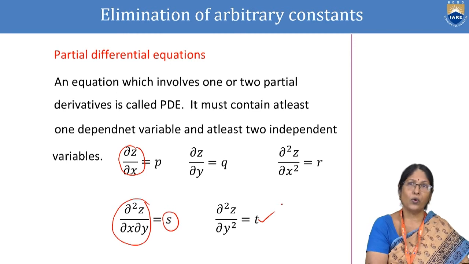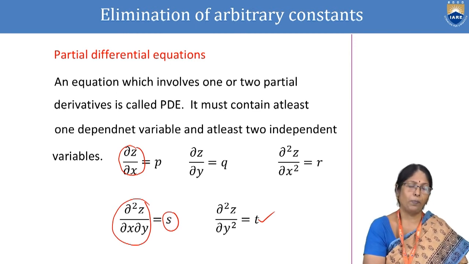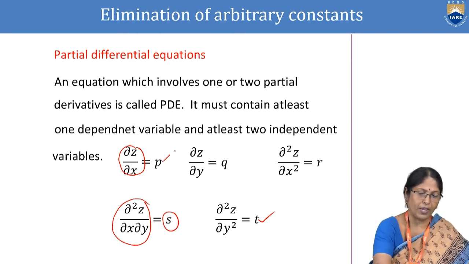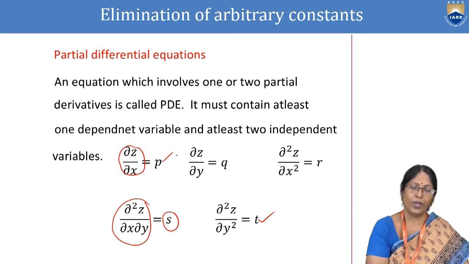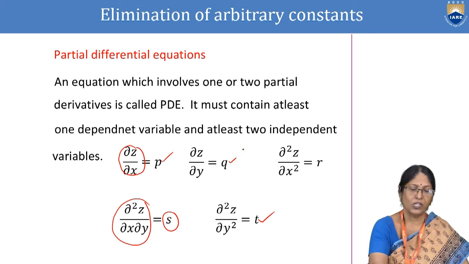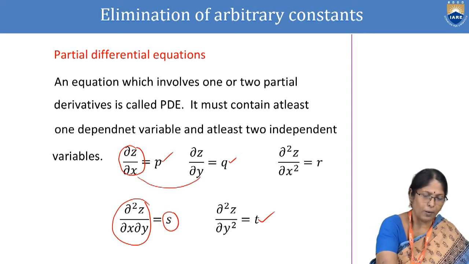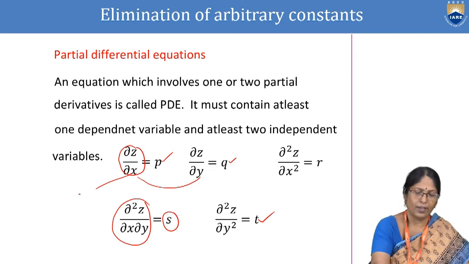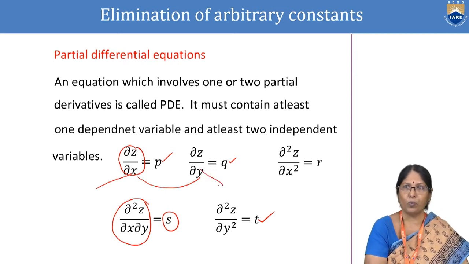So these are the notations we have to keep in memory. p represents ∂z/∂x and q represents ∂z/∂y; that is, only one time we are differentiating, partially with respect to x or partially with respect to y.